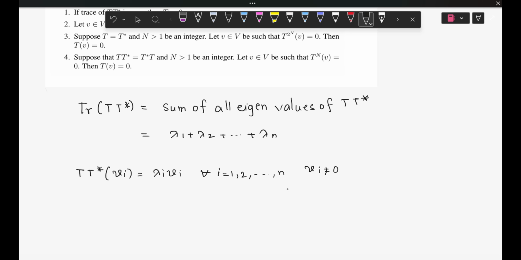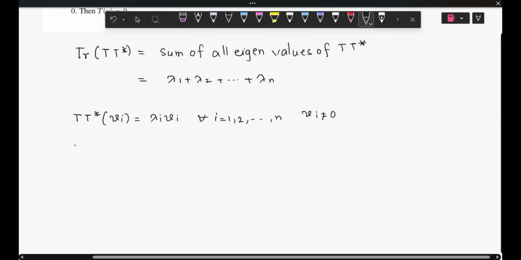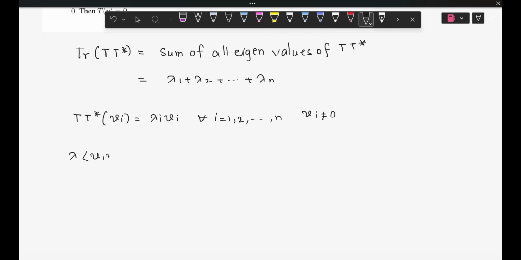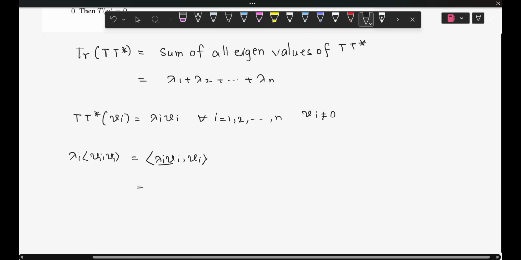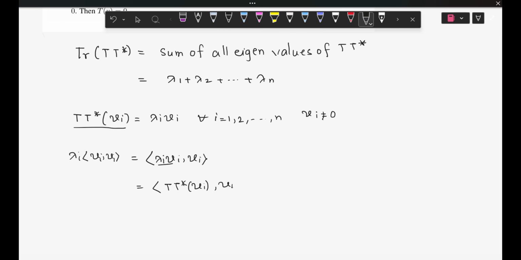Now let's calculate lambda i times the inner product between vi and vi. So this is equal to, by the definition of inner product, lambda i vi, vi. Now lambda i vi is equal to T star of vi, so this is T star vi, vi.